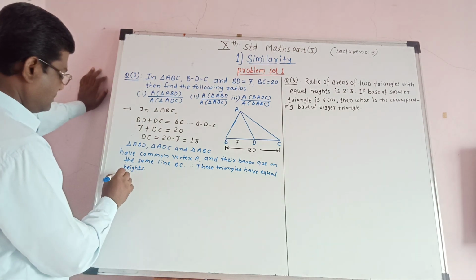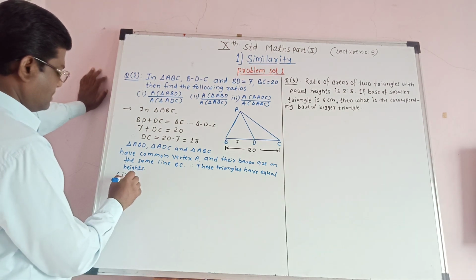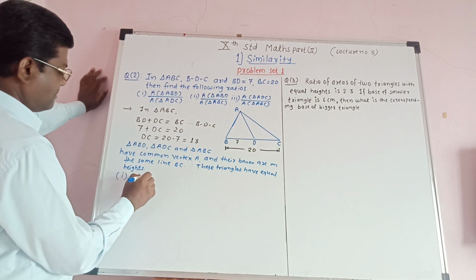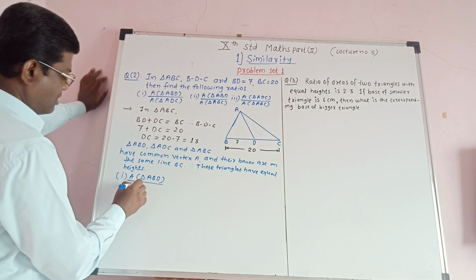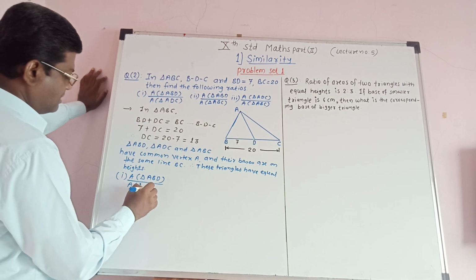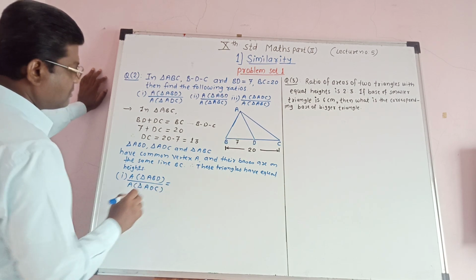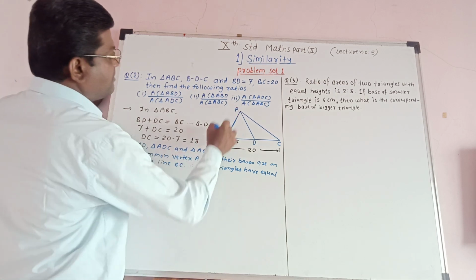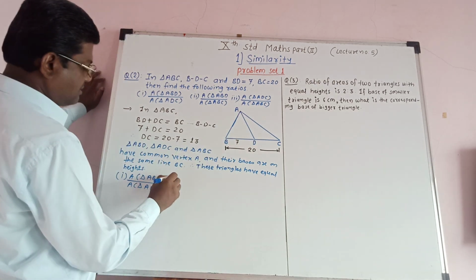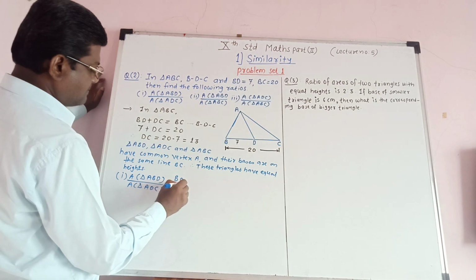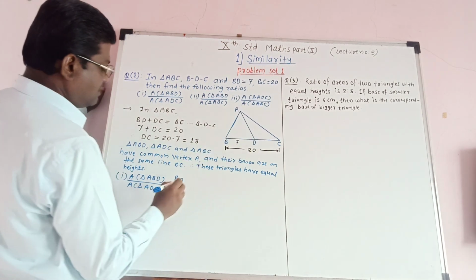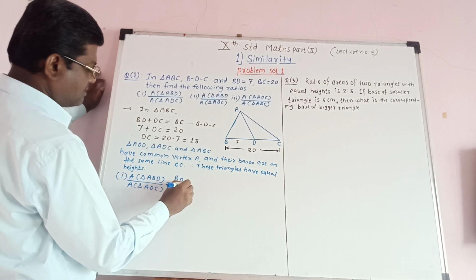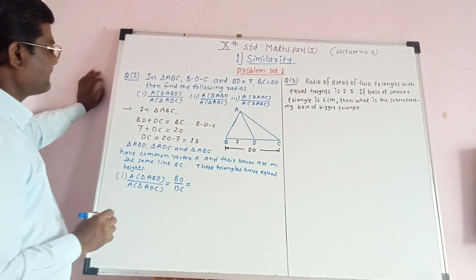So number 1, area of triangle ABD upon area of triangle ADC is equal to, for triangle ABD, BD is the base, and for triangle ADC, DC is the base, BD upon DC.